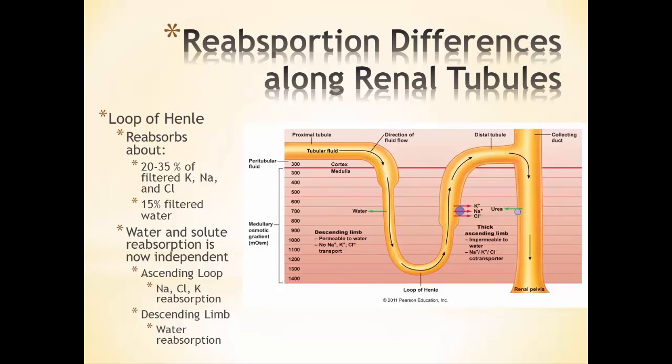In the loop of Henle, things change a little bit. In the proximal convoluted tubule, both water and solids were all absorbed in the same place. In the loop of Henle, the thing that's different is we separate out what is reabsorbed.